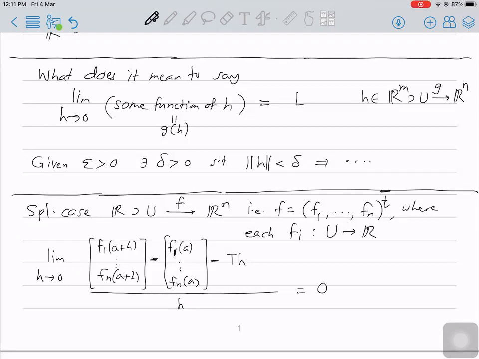But the top is a column vector. So what that means is that T of h is again a column vector.